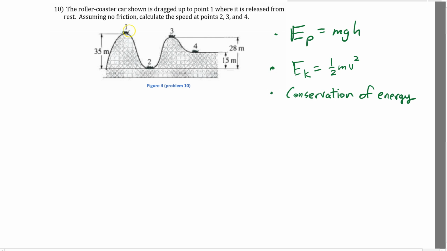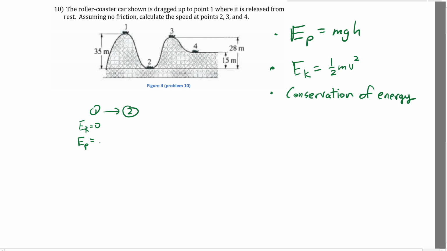So from point 1 to point 2, identify the total energy at point 1, and it is released from rest at point 1, so it has no kinetic energy. And so all of its energy is potential at point 1.